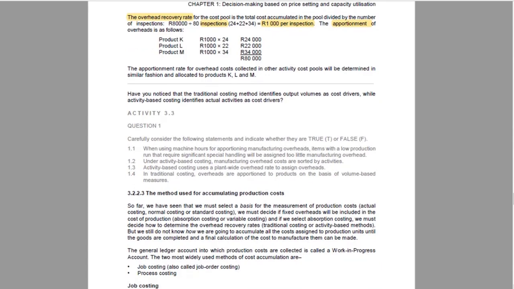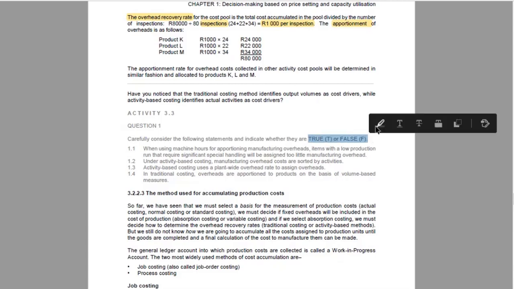This helps you correctly allocate, because when you don't correctly allocate your overheads to your product, you run the risk of closing or discontinuing a product because you'd say it attracts too many costs, whereas that might not be the case. It might be that you didn't identify the correct cost activity and the cost driver.